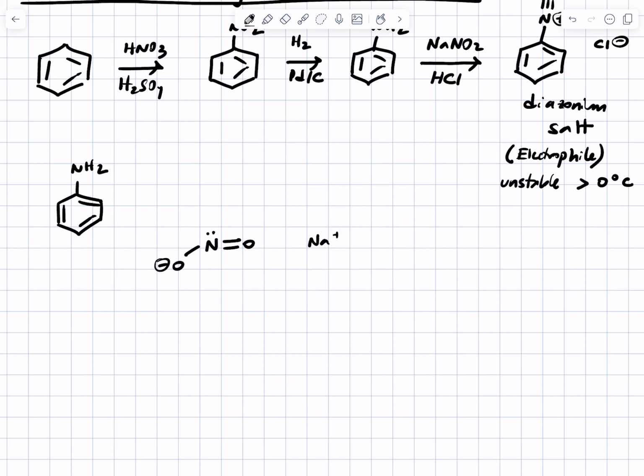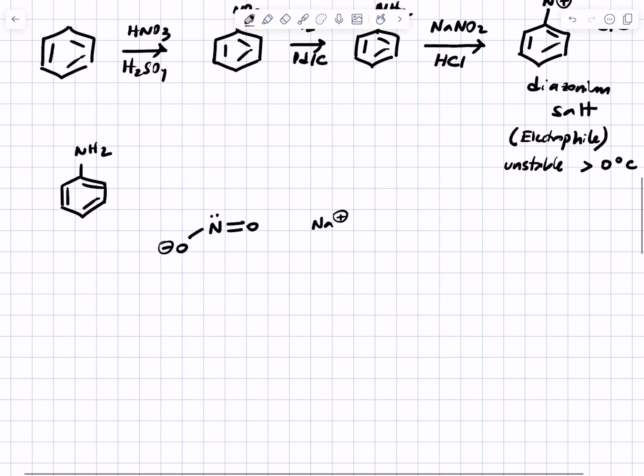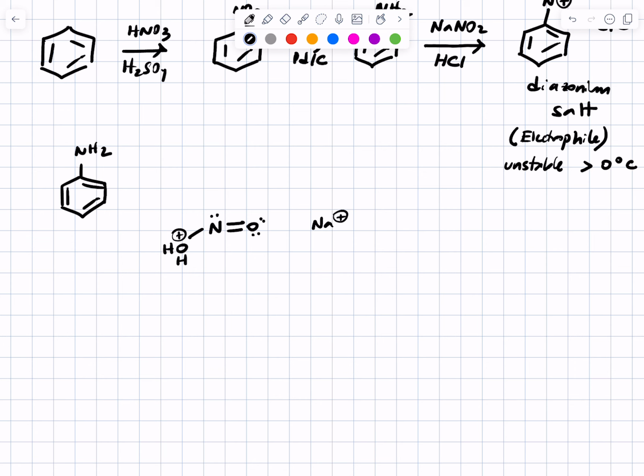And so that's sodium nitrite, that's NO2, okay? And then you're using HCl. So one of the things HCl does is it protonates the negatively charged oxygen, and if it protonates it again, you turn the water into a good leaving group, and then lone pair electrons on the oxygen can kick down and kick off water as a leaving group, and that generates the following electrophile.